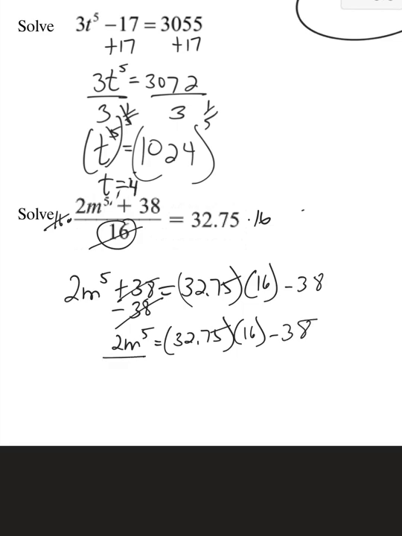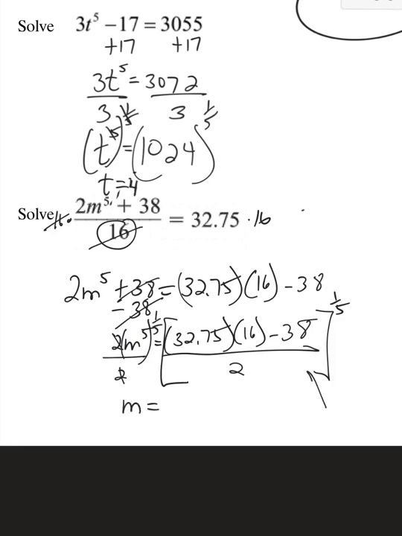And then I'm going to divide both sides by 2. And then I'm going to raise both sides to the power of 1/5 so that I can cancel out that last fractional exponent. So this is what goes to my calculator. In one fell swoop, it's going to give me the entire answer. So let's go ahead and do that now. That's going to come out to be 243 once I put that in Desmos.